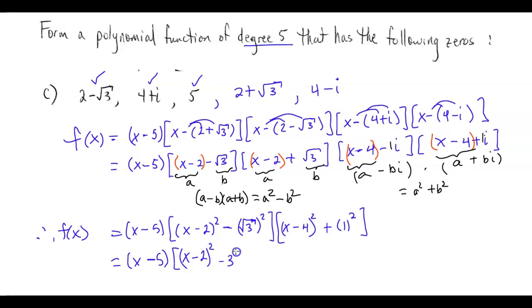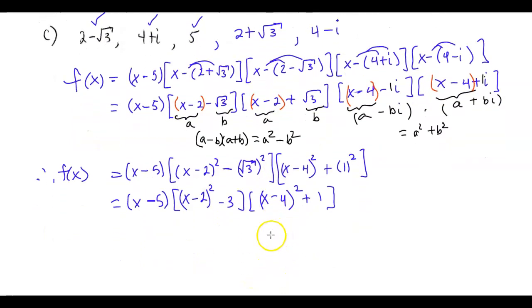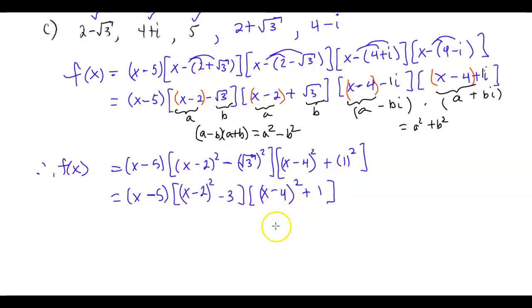So here we know that our result will just end up looking like this. So now at this point, it's easy for us to multiply out x minus 2 quantity squared, x minus 4 quantity squared. So I'll just go ahead and write all this business here.